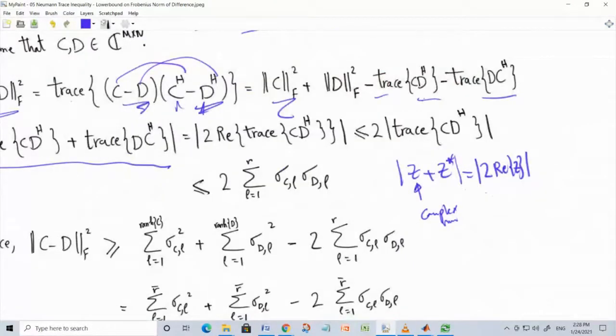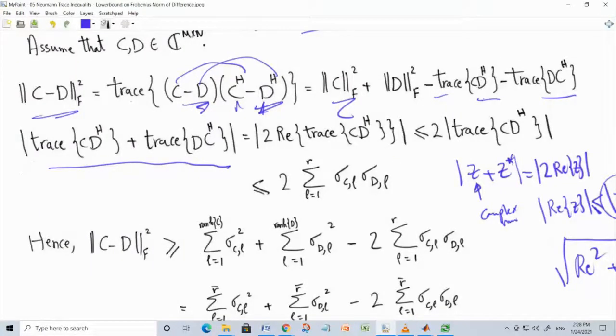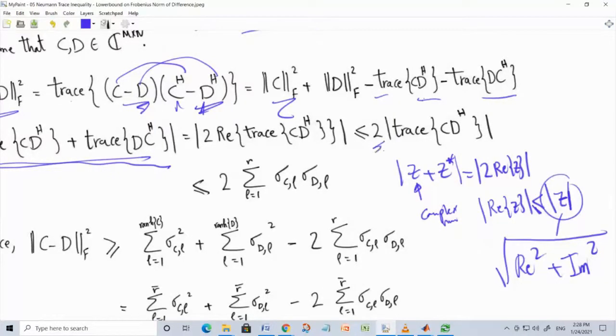And it's always the case for a complex number that the magnitude of the real part is less than or equal to the magnitude of the complex number itself. Again, this is because the magnitude of the complex number is the square root of the real part squared plus the imaginary part squared, and so the magnitude of the real part is always less than or equal to the magnitude. So basically this magnitude is upper bounded by 2 times the magnitude of one of them, trace C D Hermitian.